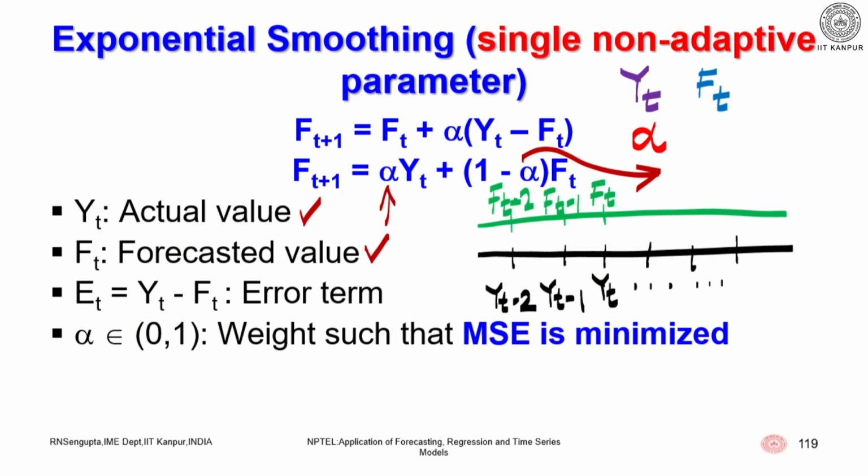And alpha, the weights, are chosen such that the mean squared error is minimized, which means the variance, the dispersion, you are trying to minimize, which is the fundamental property we try to utilize when we try to find out the error. Now, the question may arise, can we use other measures to find out the errors and minimize them?